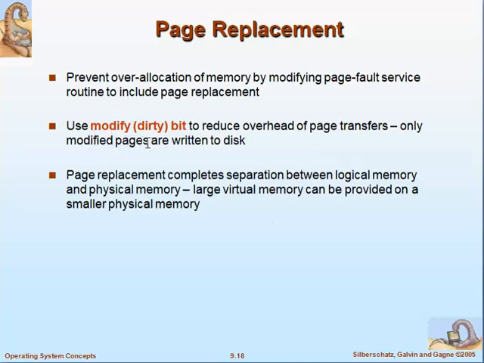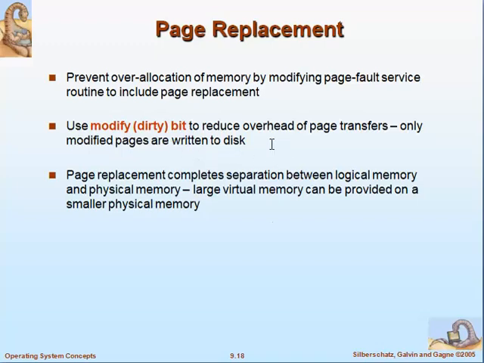The technique used here is that the bit will be set only if there is a modification to that particular page, otherwise it will be 0. Suppose a particular page is accessed by a certain process and that page has been modified, then the dirty bit, or the modify bit, is set, otherwise it is not set. You can think of it as, if there is any modification, this bit is set to 1, otherwise 0.